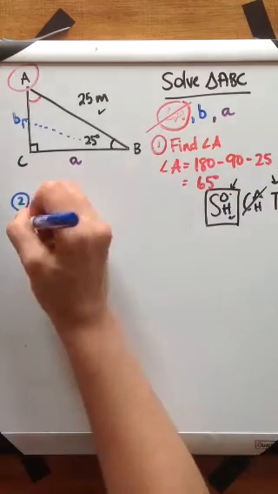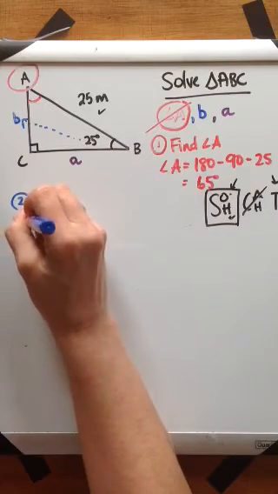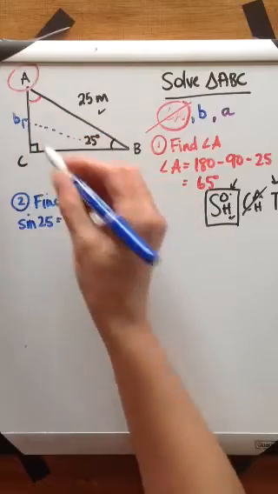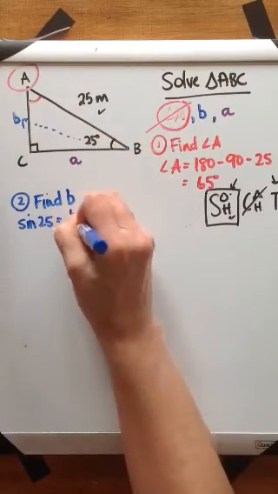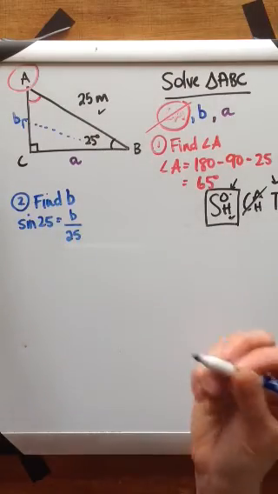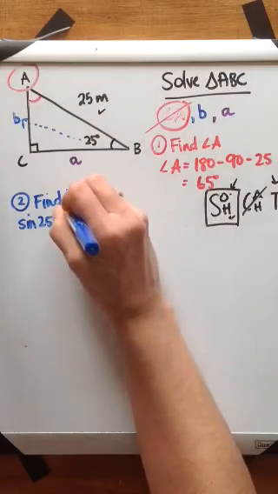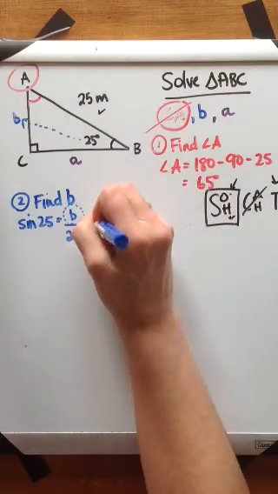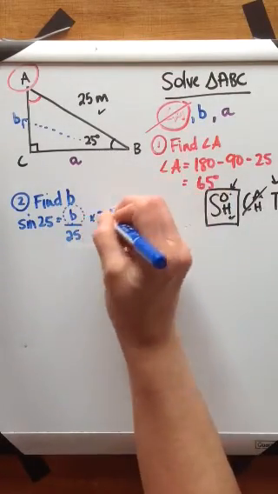So let's do that. We can say that the sine of 25 degrees is equal to opposite, which is little b, over hypotenuse, which is 25. Now, the only thing preventing me from knowing b is the fact that it's being divided by 25. So let's multiply both sides by 25.